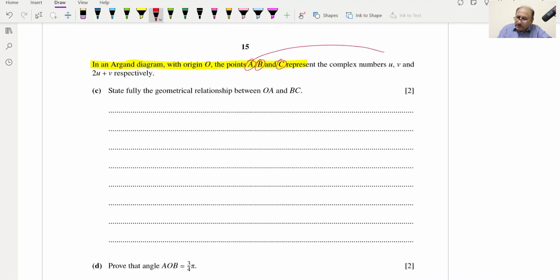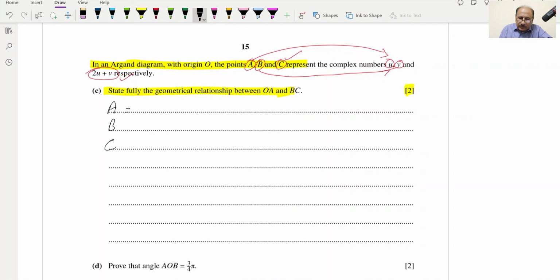So A represents U, this one, B represents V, and C is U plus V. State fully the geometrical relationship between OA and BC. This is a 2-mark question, so we can relate A, B, and C.